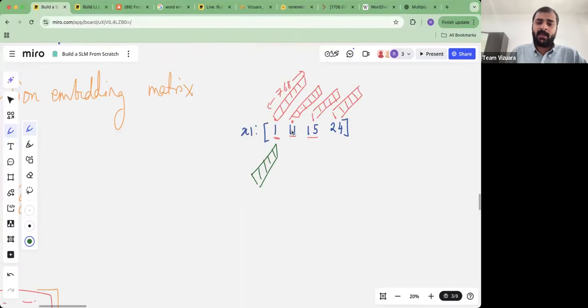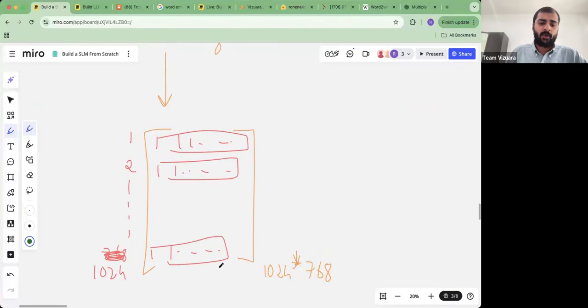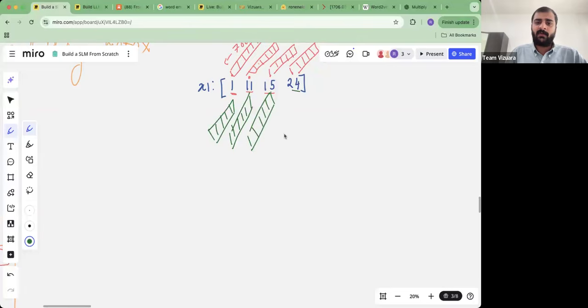The second token comes at position number 2, so I'll get a 768 dimensional vector for the second position. The third token comes at position number 3, so I'll get a 768 dimensional vector here. And for the fourth token, we'll look at position number 4, and hence we'll look at the fourth row of the position embedding matrix. That's where we get a vector over here.